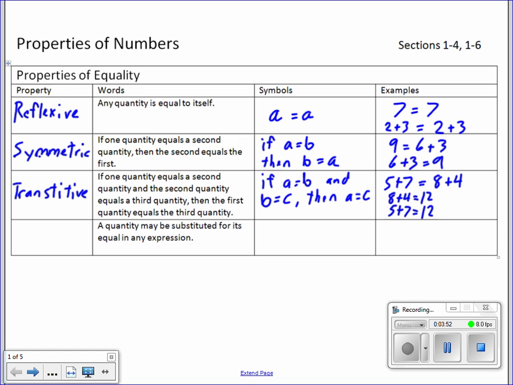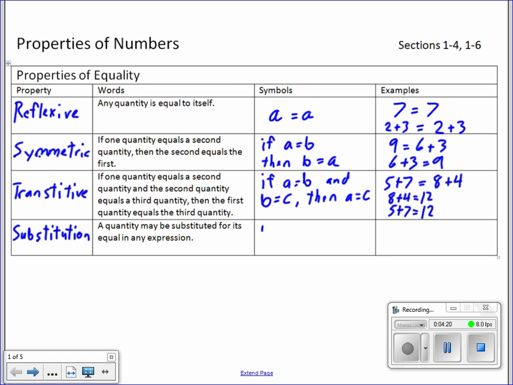The last property of equality is a quantity may be substituted for its equal in any expression. That's the substitution property. Substitution.